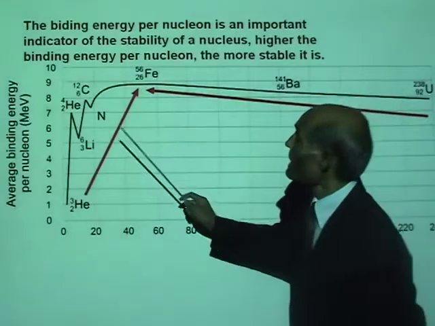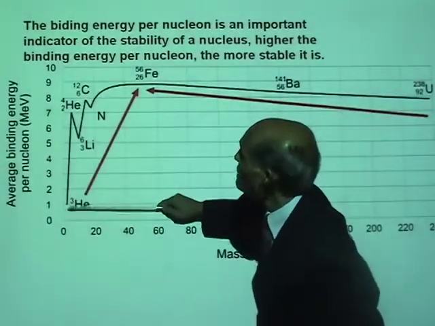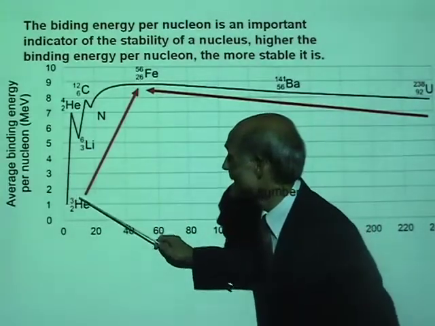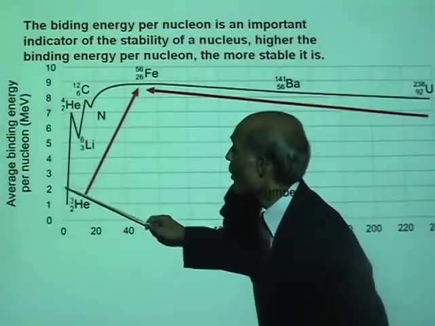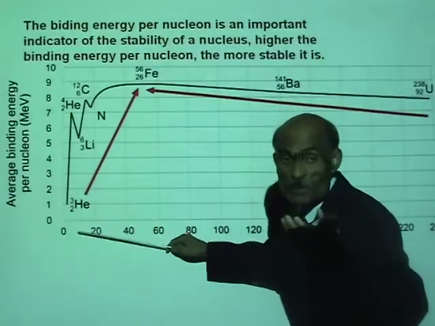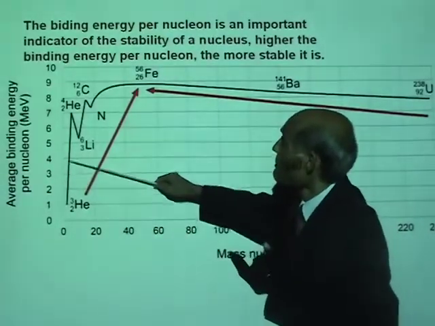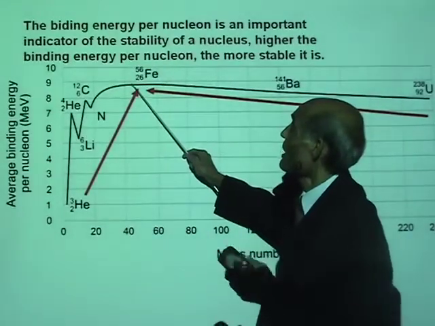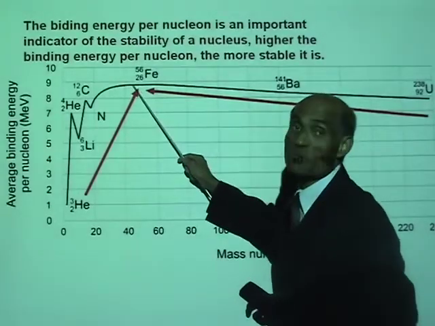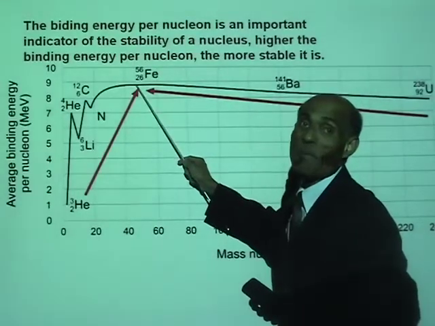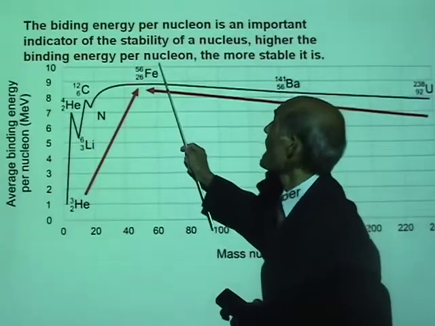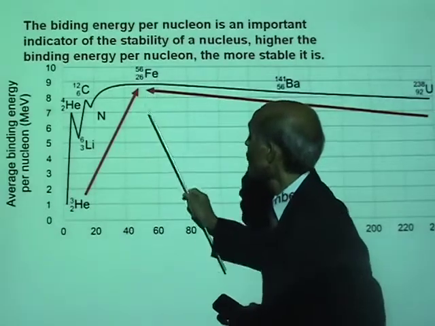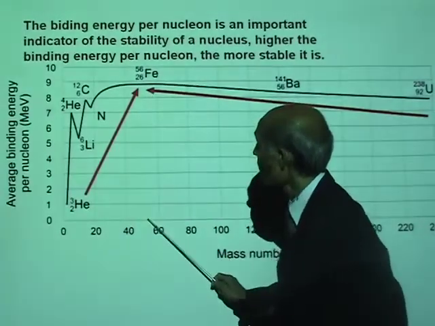That means the binding energy per nucleon for small elements like helium is very small, but as the nucleus gets bigger and bigger, the binding energy per nucleon increases. Now, when you come here, this is the maximum amount of binding energy per nucleon. Now, which element is there? This is iron, which has a mass number of 56.